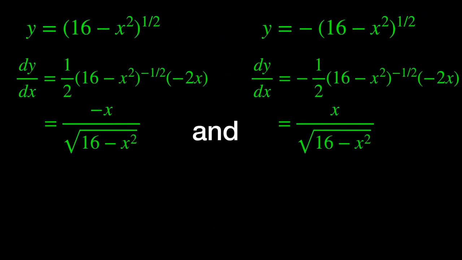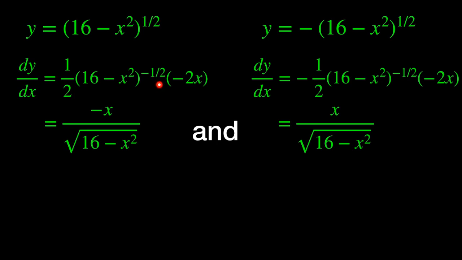I've already pre-done this. I just took the positive square root and the negative square root, and wrote them separately using rational exponents. Then taking the derivative, you bring your 1/2 to the front and subtract 1 from that exponent, which gives you negative 1/2.